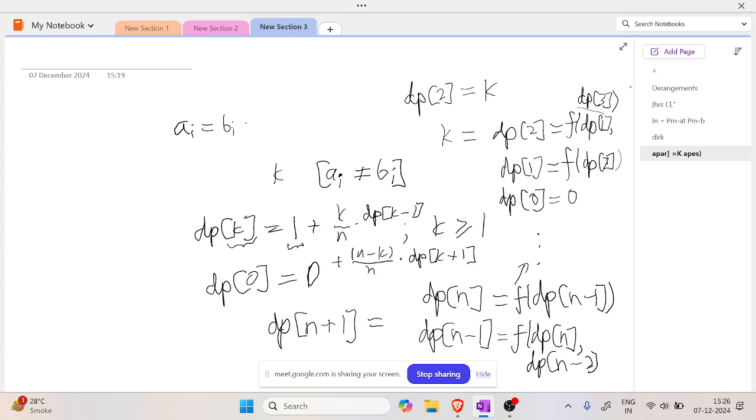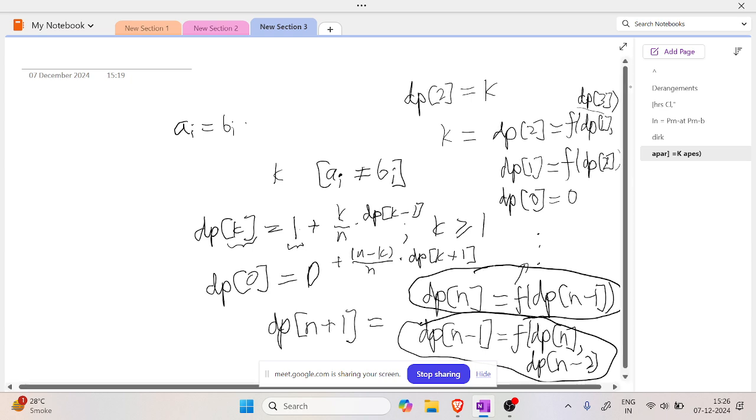But since you already know dp of n minus 1 in terms of k, and you also know dp of n in terms of k, the key part to observe here is that you got dp of n in terms of k from this relation. So you basically now have one extra relation, this last relation here, that you have not used yet.